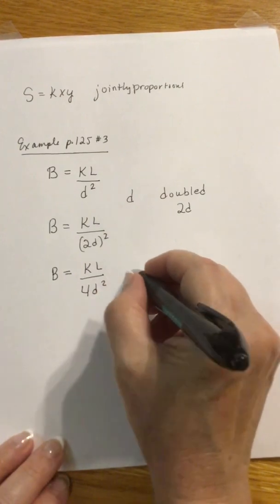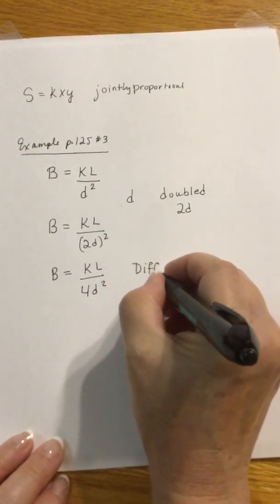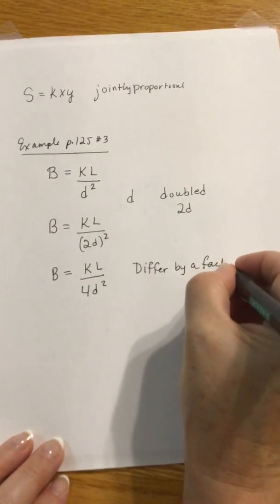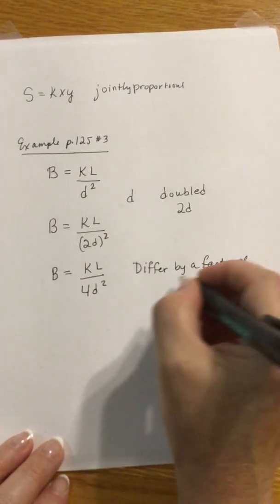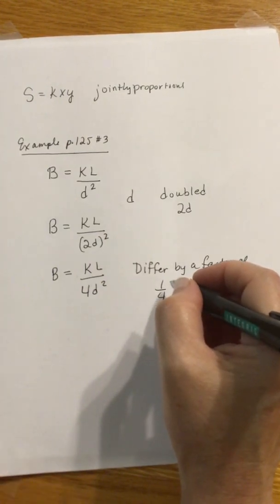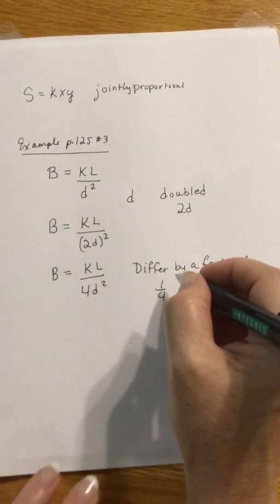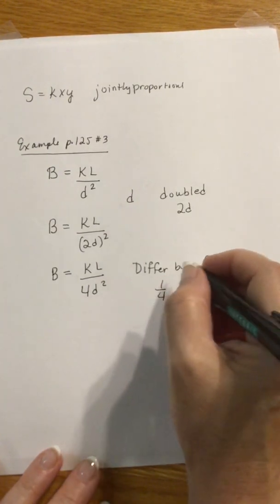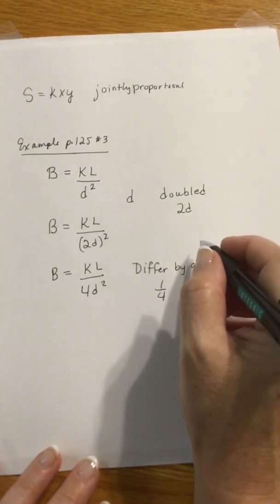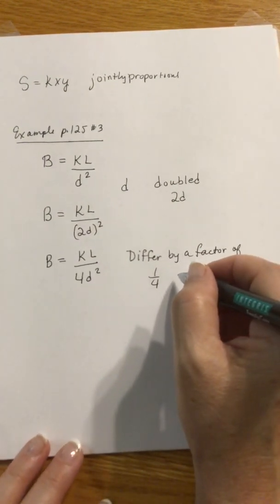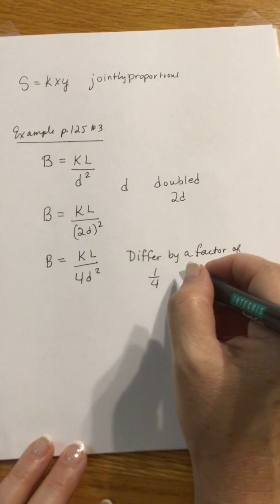So it's going to differ by a factor of 1/4. So it's 1/4 the brightness of the original one. So if you double the distance away from it, then it's going to be a difference of a factor of 1/4. So you'll have 1/4 of the brightness.